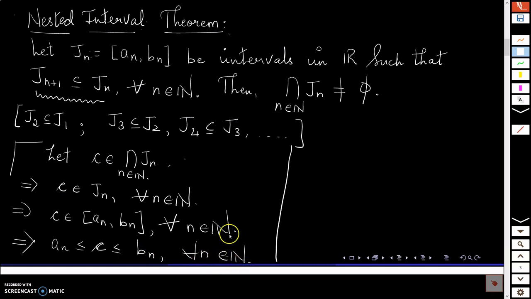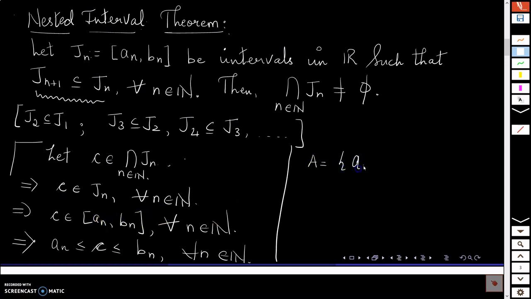So now what I'll do is I will form one set, capital A. All right, I'll form a set capital A which consists of all the first elements of the intervals Jn. That means a1, a2, a3, a4, a5, and so on. So all the an's I'll collect.